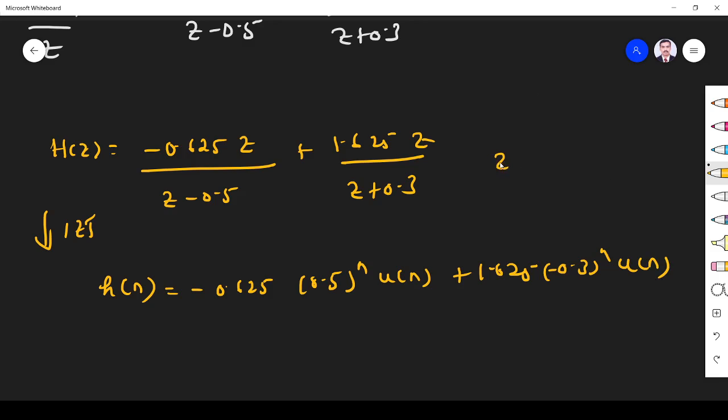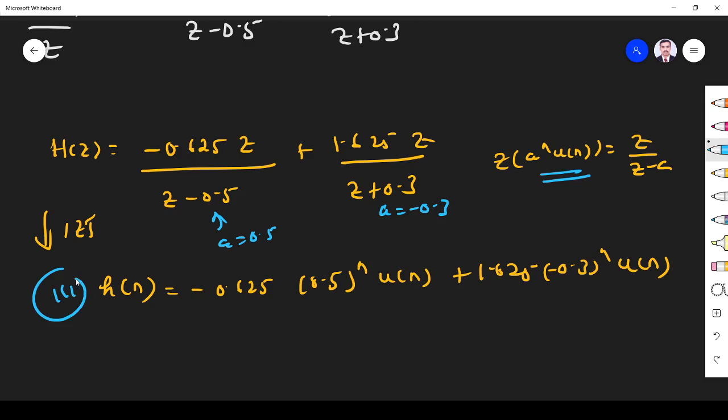Why? We know the transform of a power n u of n is z by z minus a. Here a is equal to 0.5, so 0.5 power n u of n, with the constant as it is. Here a is equal to minus 0.3, so minus 0.3 power n u of n. This is the answer for the third subdivision.